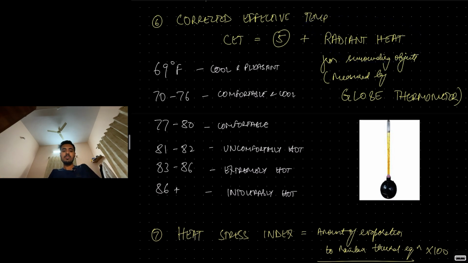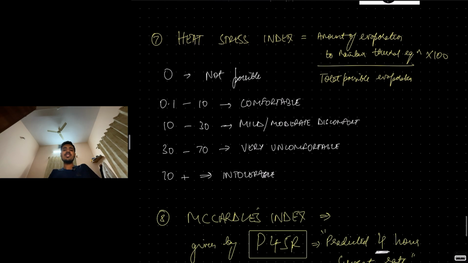Okay. Next index is the heat stress index. Heat stress index tells you the amount of evaporation to maintain thermal equilibrium divided by the total possible evaporation into 100.